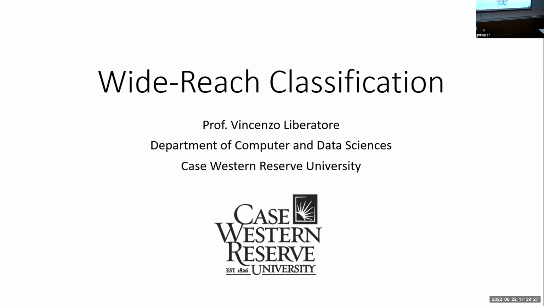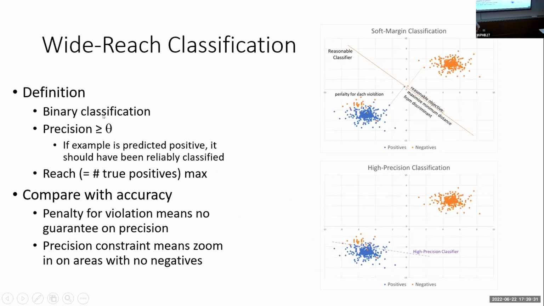So, wide-range classification. The idea here is the following. Wide-range classification is a binary classification problem, and what I want to do is that I have two classes of samples, the positive ones that are here, for example, denoted in blue, and the negative ones.